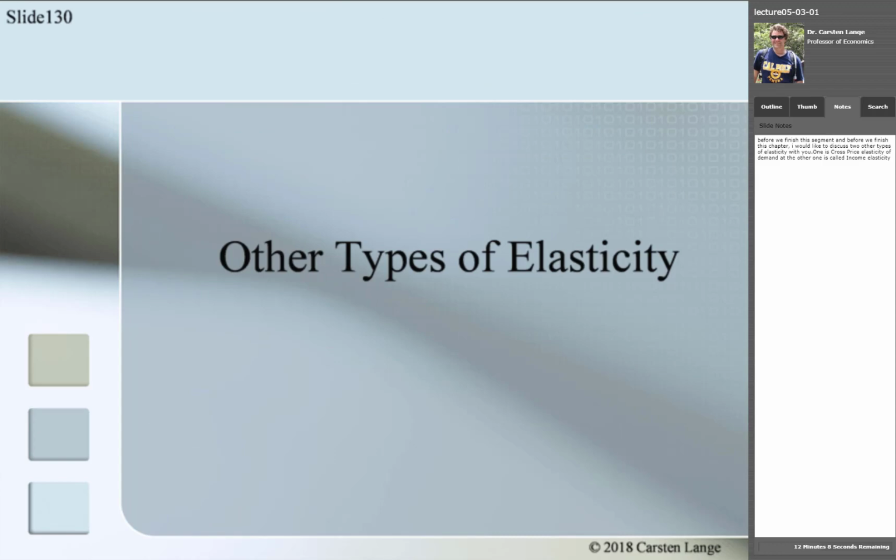Before we finish this segment and before we finish the chapter, I would like to discuss two other types of elasticity with you. One is cross-price elasticity of demand, and the other one is called income elasticity.